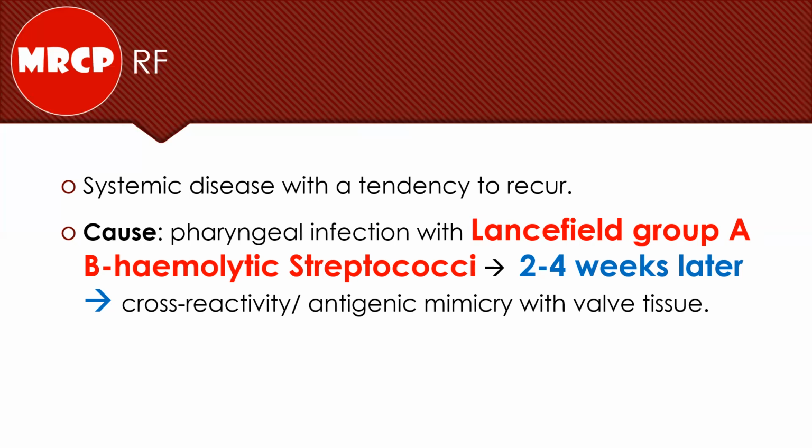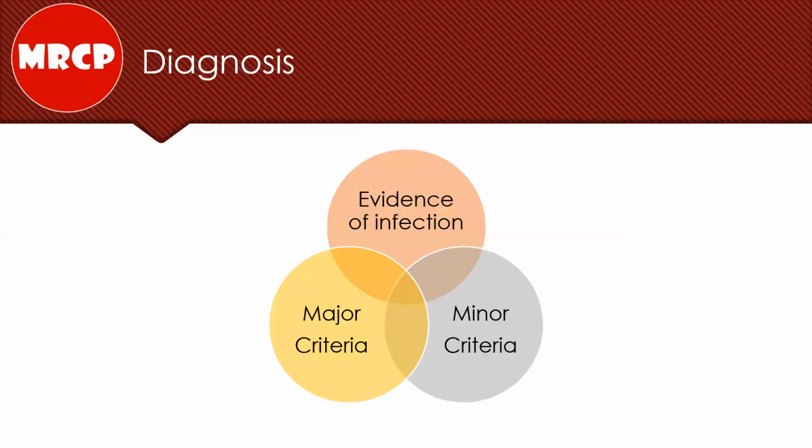Okay, so this would explain why there is an interval between the infection with group A beta hemolytic streptococci and the development of symptoms and signs of rheumatic fever.